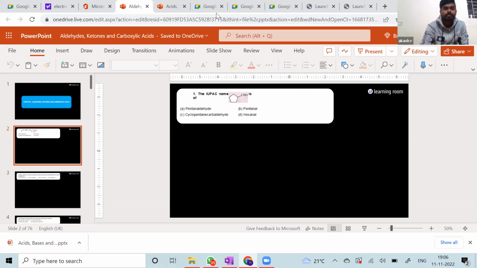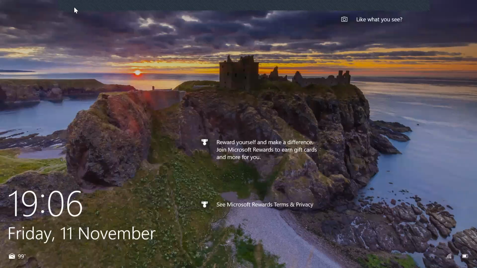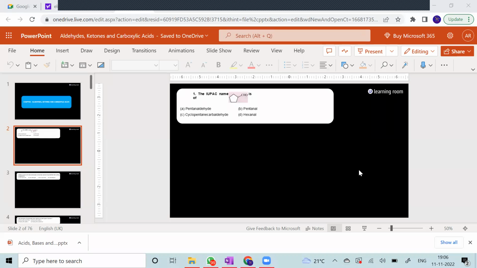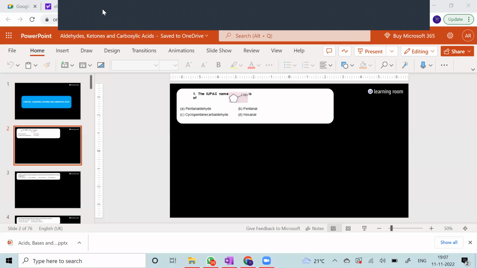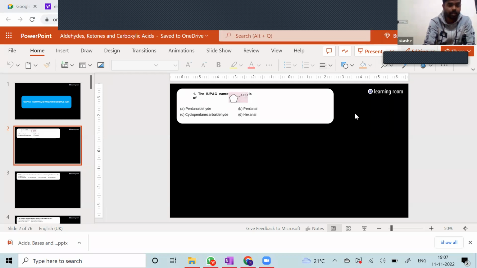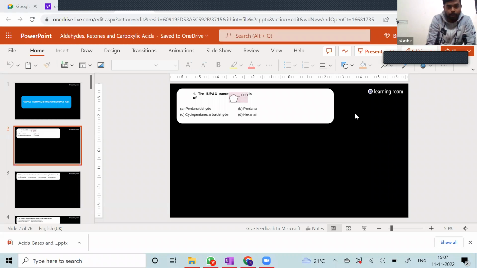Right. Fine. So first question, the IUPAC name of this particular compound. Okay, sorry. So they're asking what is the IUPAC name of this compound, right?